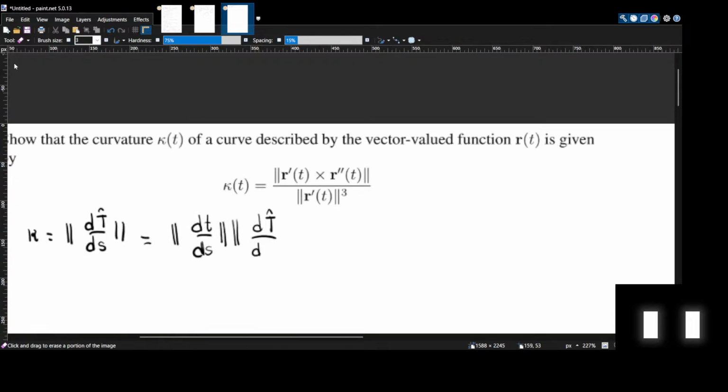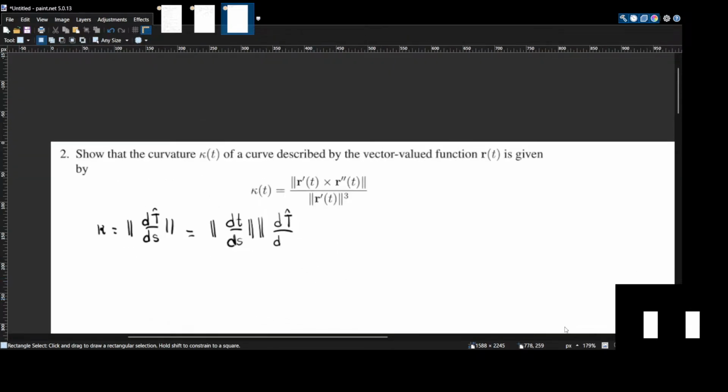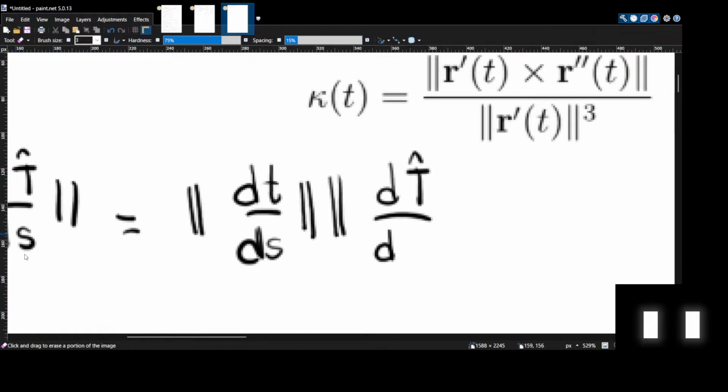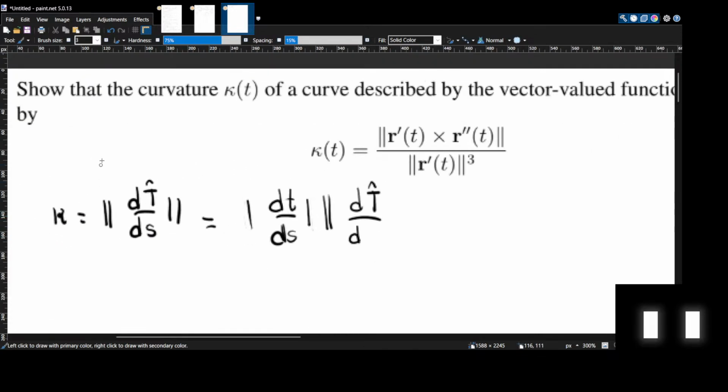And I drew it on the wrong layer again. Okay, this isn't the norm of the vector. This is supposed to be just the absolute value here. The double absolute value, personally, I just put it to mean the norm of the vector, the size of the vector. So that's that.